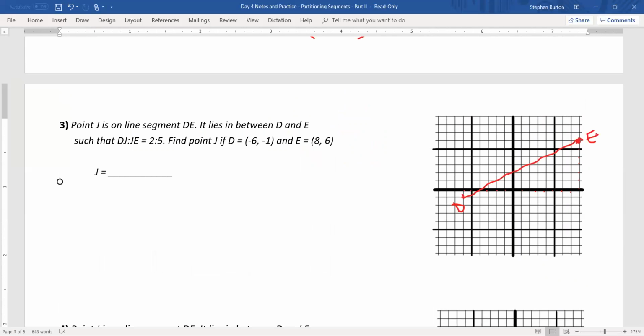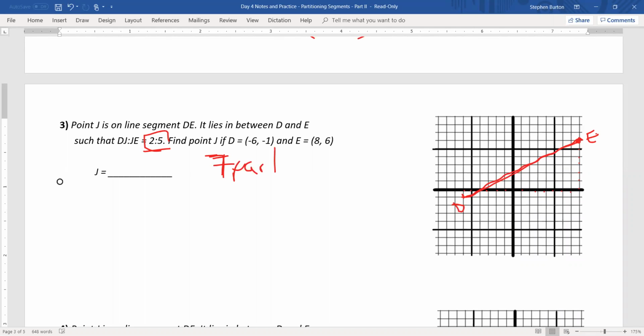All right, that's a pretty good line. All right, now that we have our points, -6, -1, and 8, 6, how many partitions are we going to have? Well, 2 plus 5 is 7. So we're going to have 7 partitions.